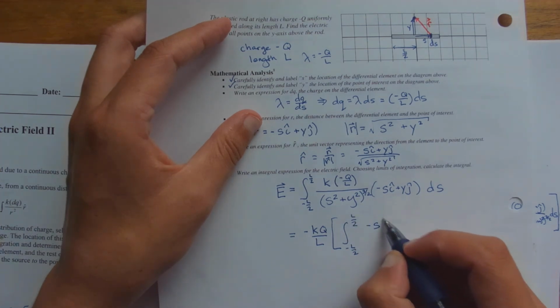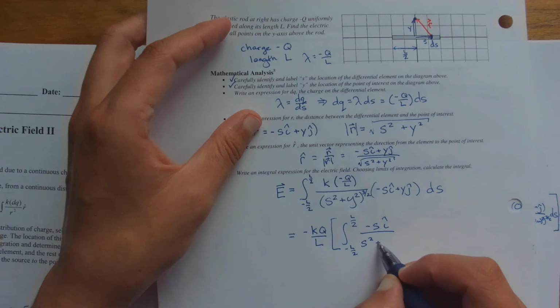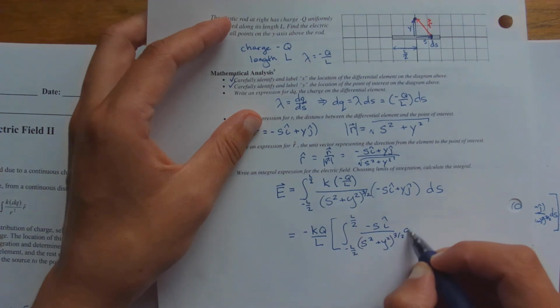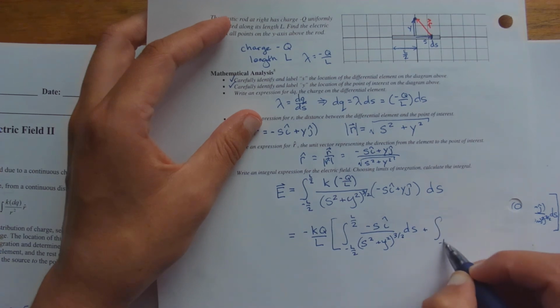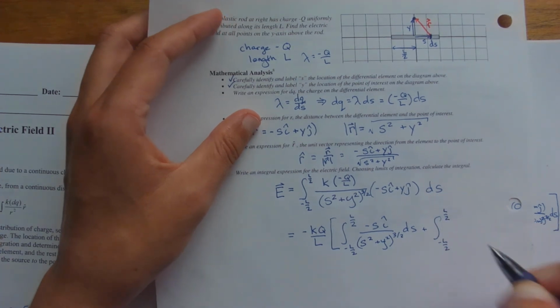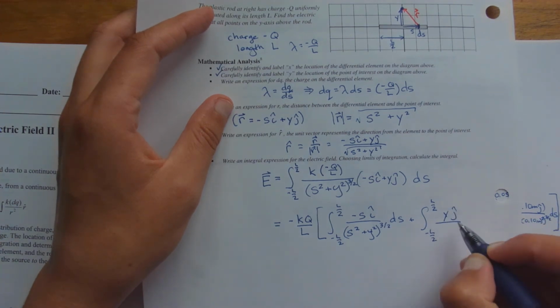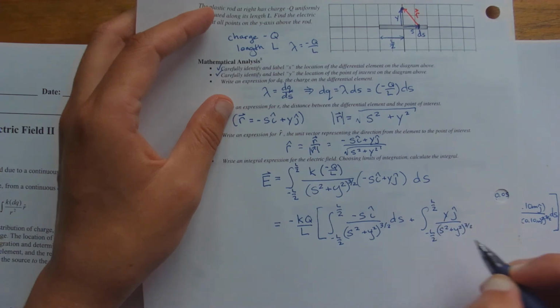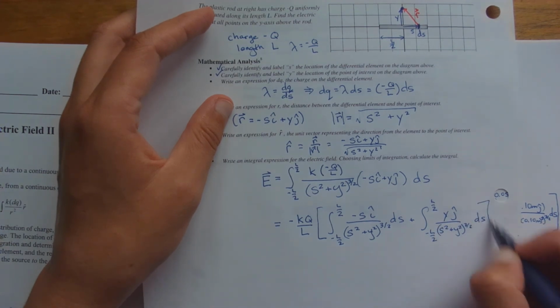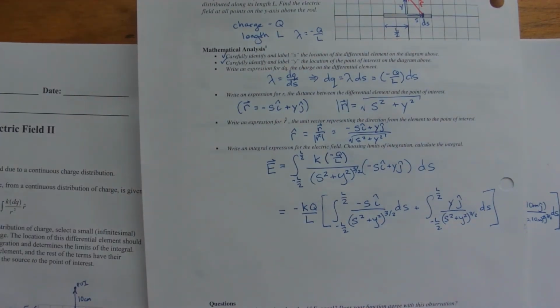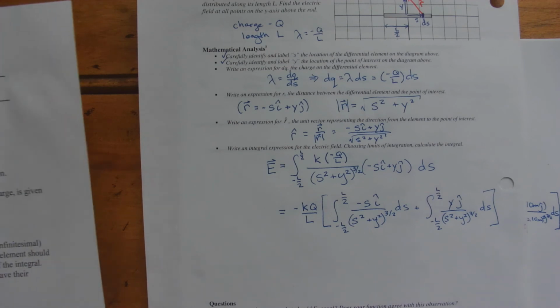I have a negative s i hat over s squared plus y squared to the 3/2, plus the integral from negative L over 2 to L over 2 of y j hat over s squared plus y squared to the 3/2 ds. And the negative kQ over L is in front of everything. Okay, and I'm going to pause here and do the integrals in the next video.